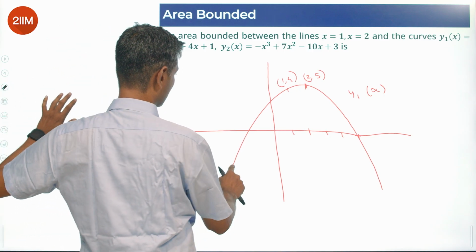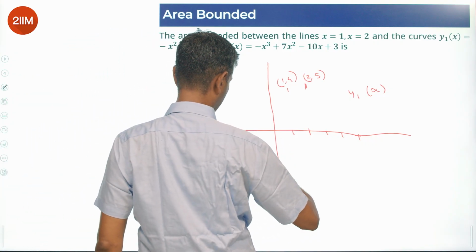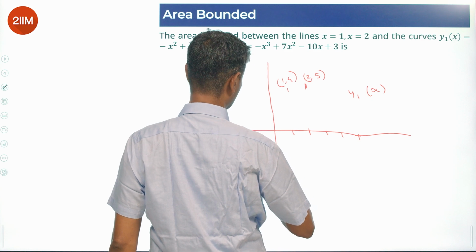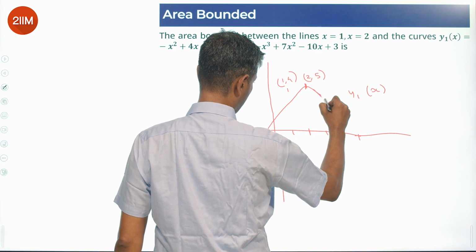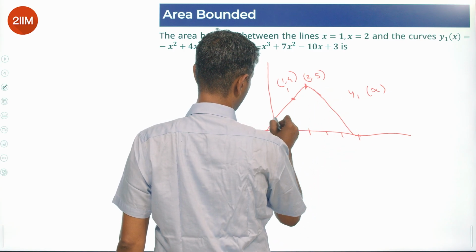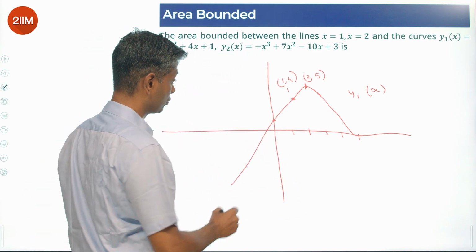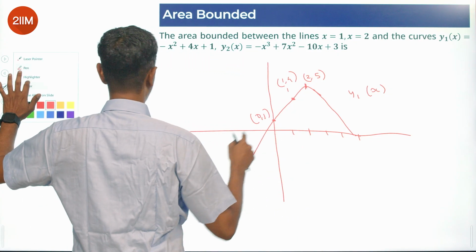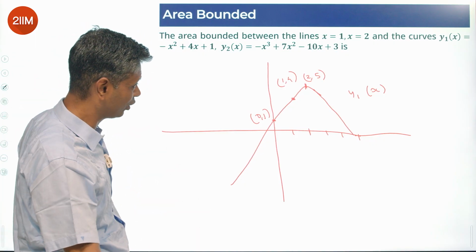Maybe I'll just draw this curve slightly differently. 0 comma 1, 1 comma 4, and 2 comma 5. Lovely, this is y1 of x.